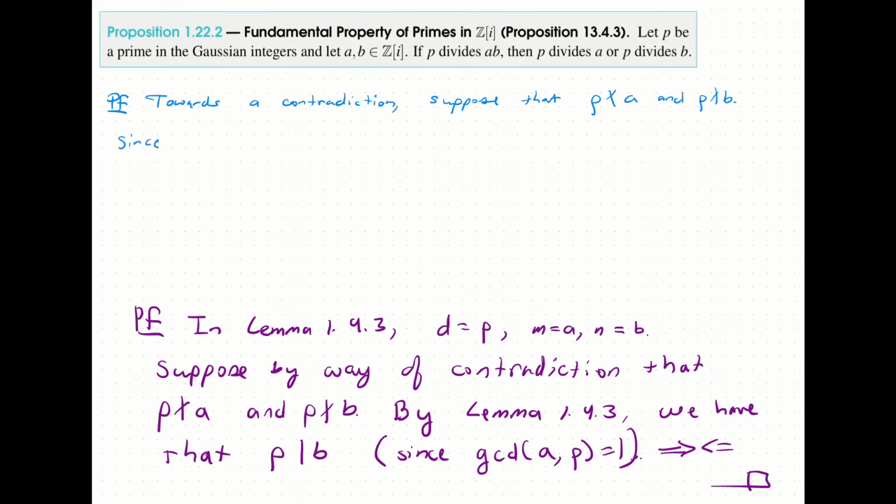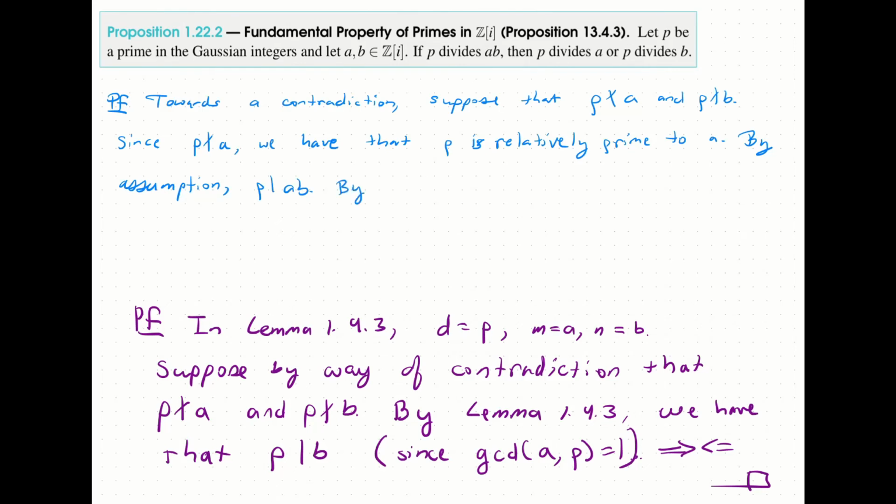Then, since p does not divide a, we have that p is relatively prime to a, and by assumption p divides a times b.